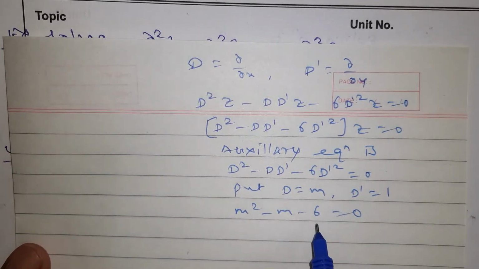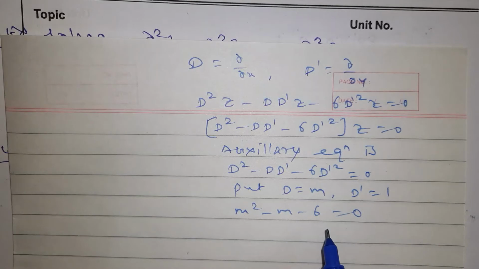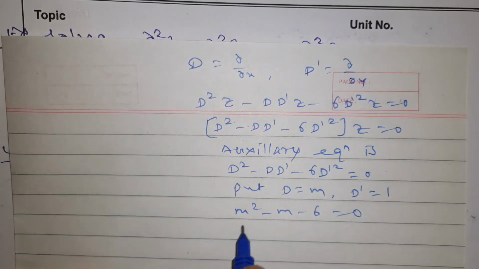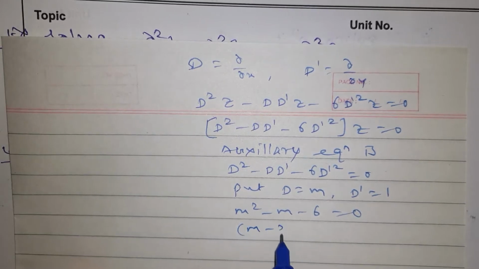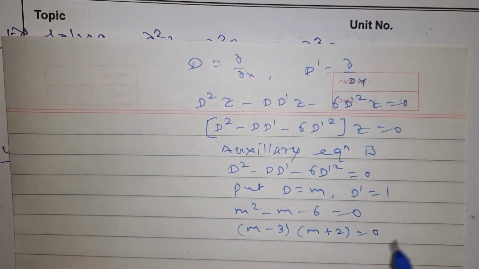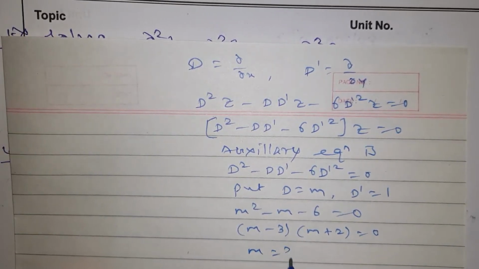I want product −6 and sum −1. So here I get factors (m − 3)(m + 2) = 0, which means m = 3 and m = −2.